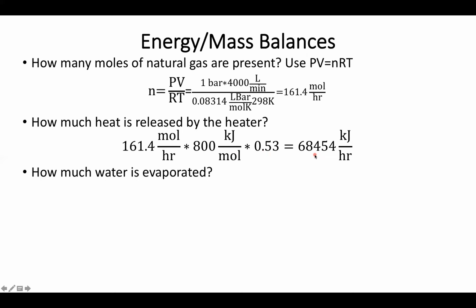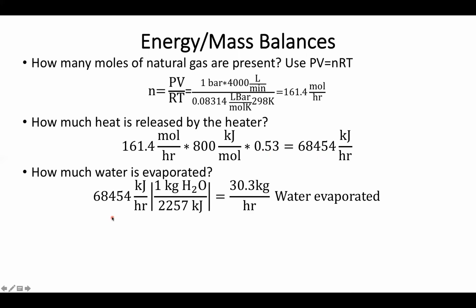Then I can translate this into how much water ends up being evaporated. We can turn those kilojoules into kilograms using the latent heat of water. So what we end up finding is that we're evaporating about 30.3 kilograms of water every hour. We can use this to help solve our problem.